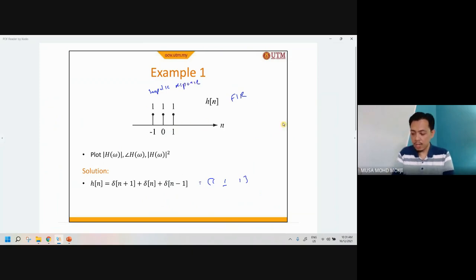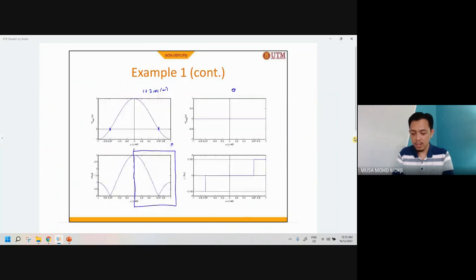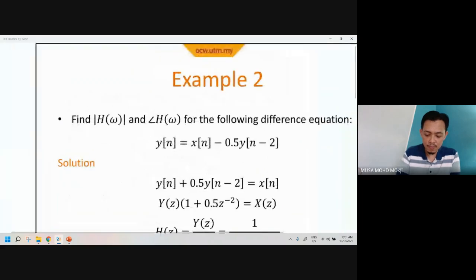Now we're going to look at a different angle of the example. What we have now is a difference equation, and we need to find the magnitude and phase. So this is the magnitude response, and this is the phase response.